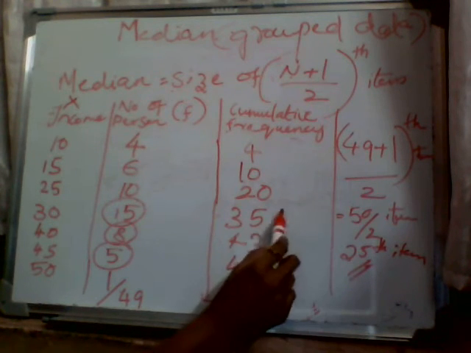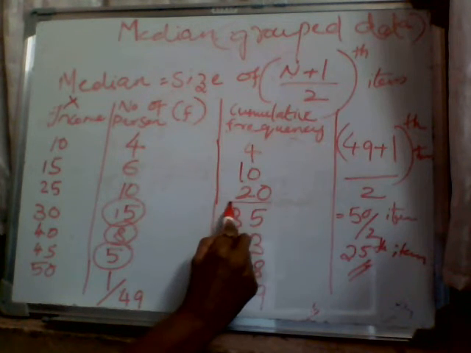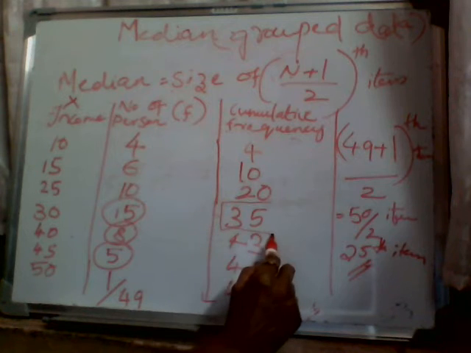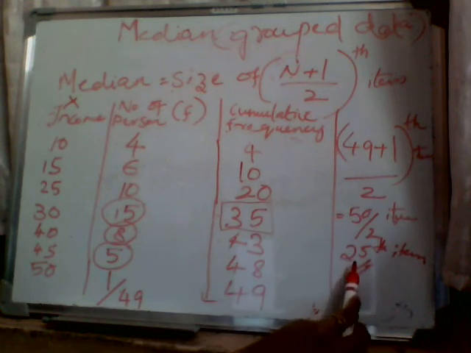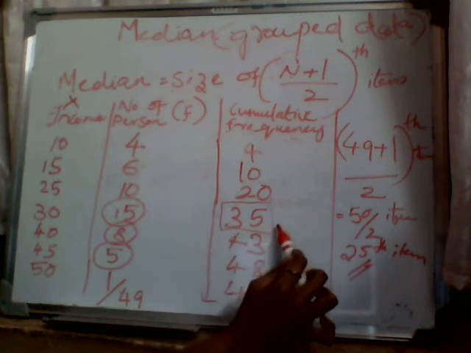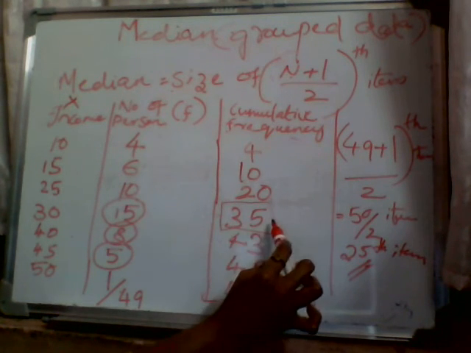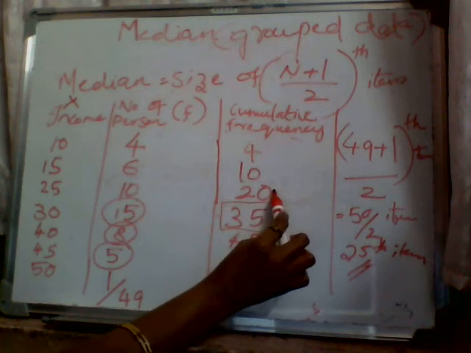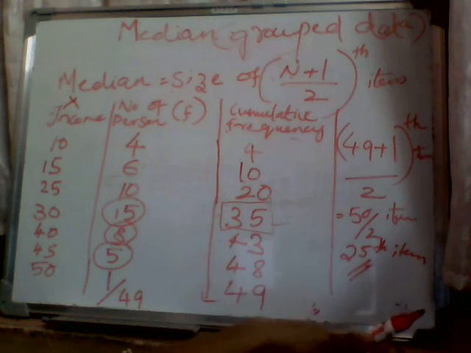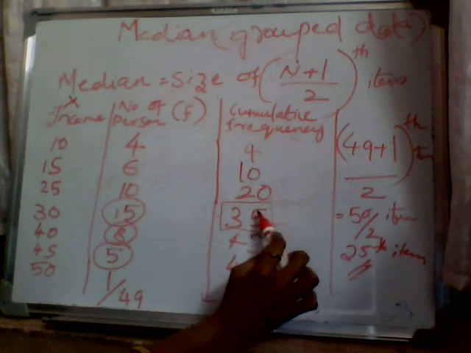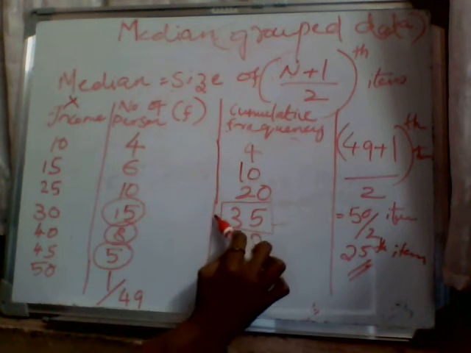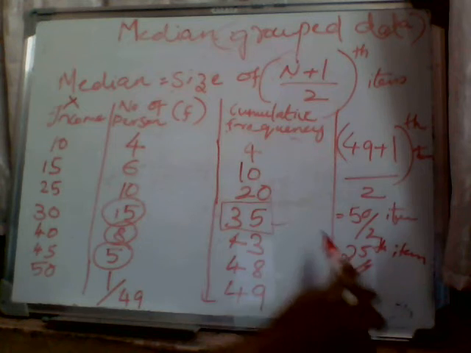In which number will it go? In 35, 25 will go. This value needs to come within 35: 25 is above 20, but within 35, 25 will come.